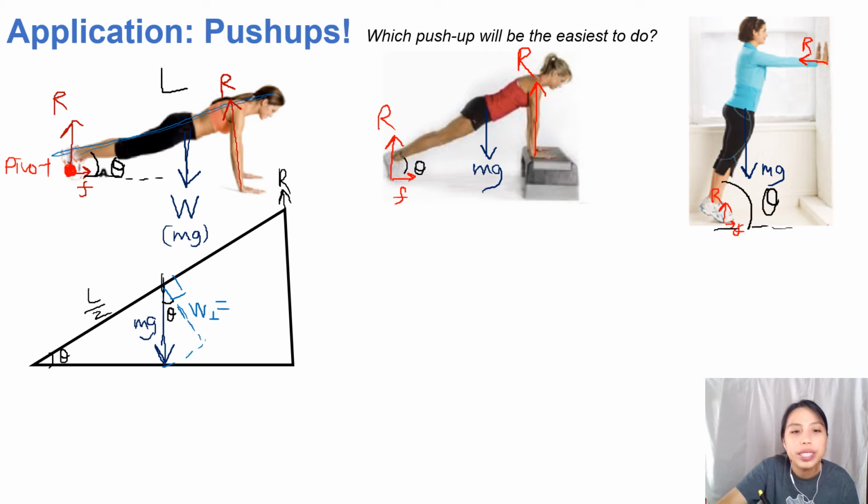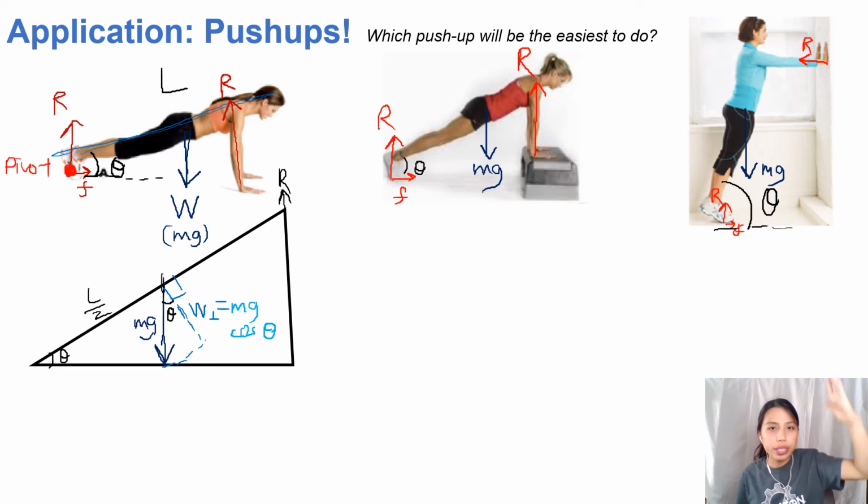By trigonometry, you can try it out, solving all your angles. That one will be adjacent over hypotenuse, so cos theta. Give me a second to rewrite this. mg cos theta is the amount of weight that will cause a torque clockwise.